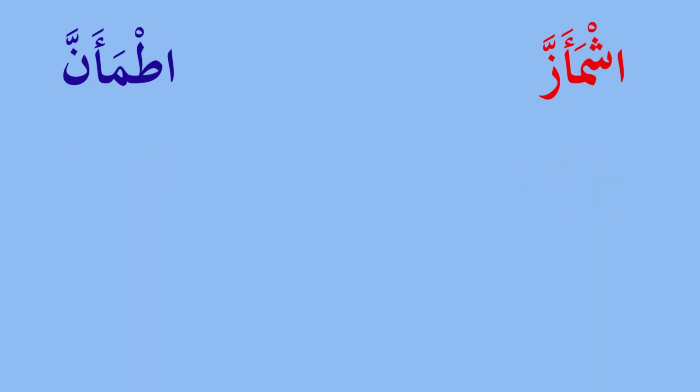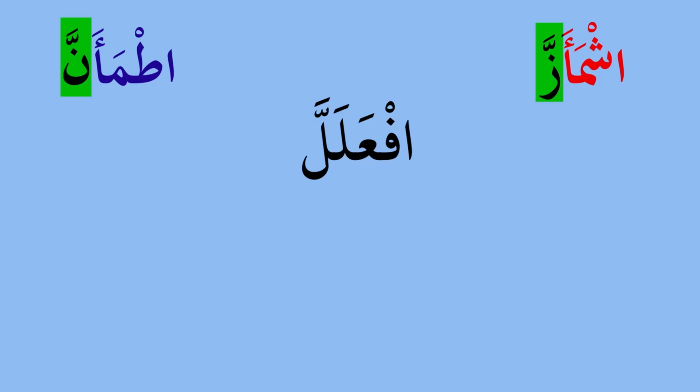Now moving on to the last letter, which is actually repeated. There's a shadda on this. So this is why the pattern was if'alalla. It's a mazid fihi form of the ruba'i, of the 4 base letter verbs. And if we look at the last letter, which has been doubled, we notice in ishma'azza, z.